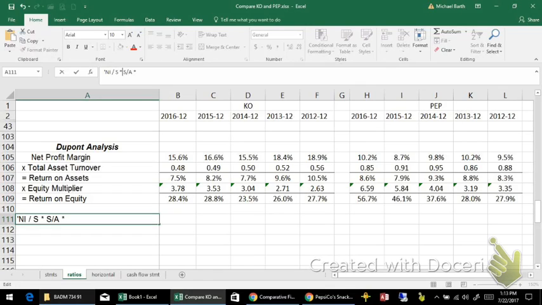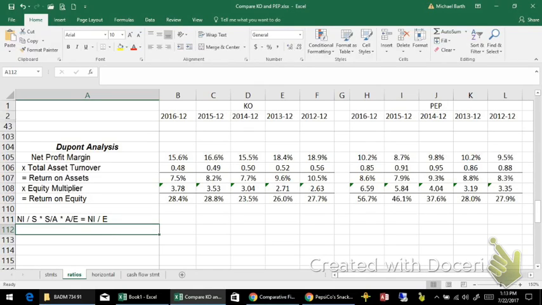All right, so then if we take net income over sales, times sales over assets, times assets over equity, assets drops out, and what we're left with is net income over equity. So that's what DuPont analysis does, it breaks down the return on equity into three component pieces.